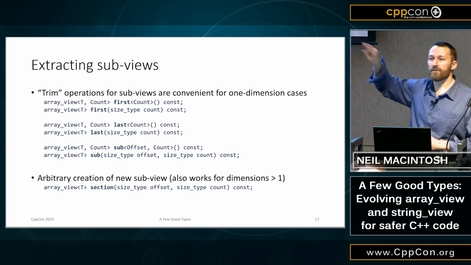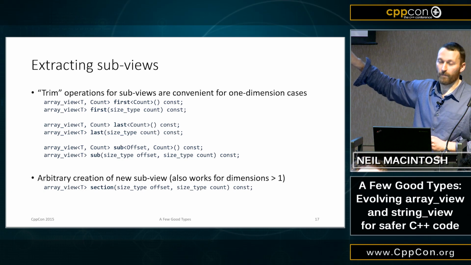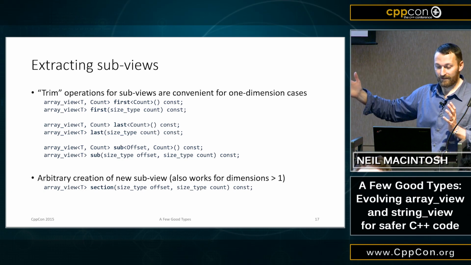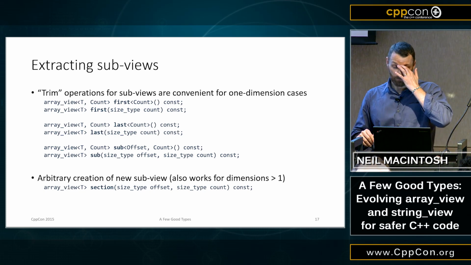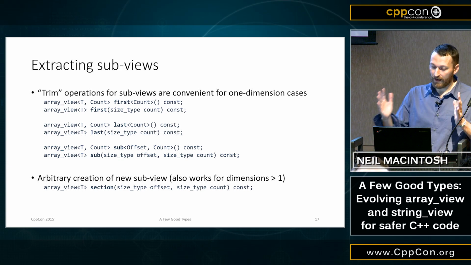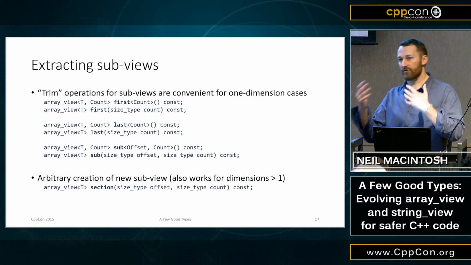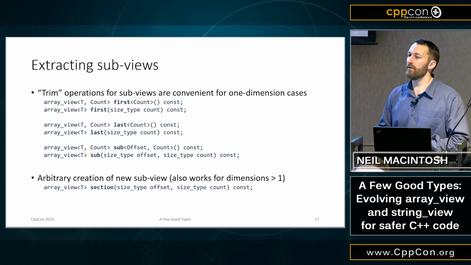Section's different from sub because array view can do something else that I haven't touched on yet and is too complex for my tiny brain to discuss in a talk today, and that is it can do multi-dimensions. You can have multi-dimensional array views, but you can't have multi-dimensional string views. When you have them, you want to be able to section them, you can stride over views of them and so on, and look at them in non-contiguous ways as well.